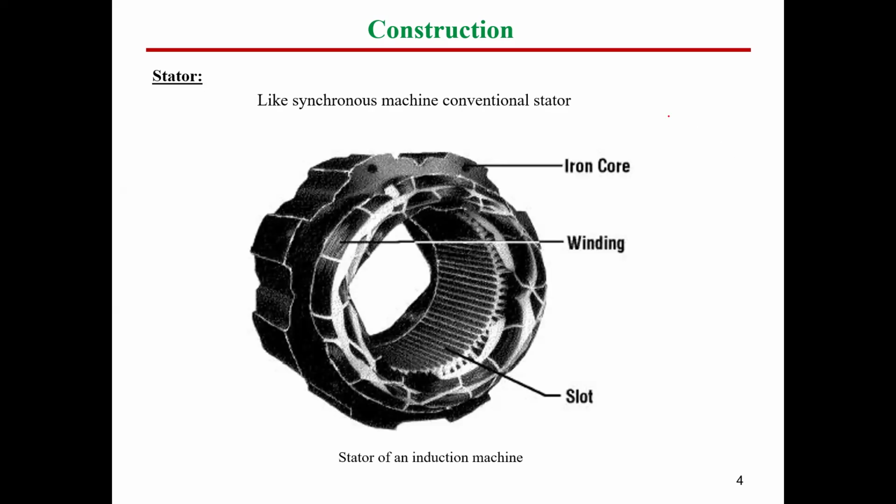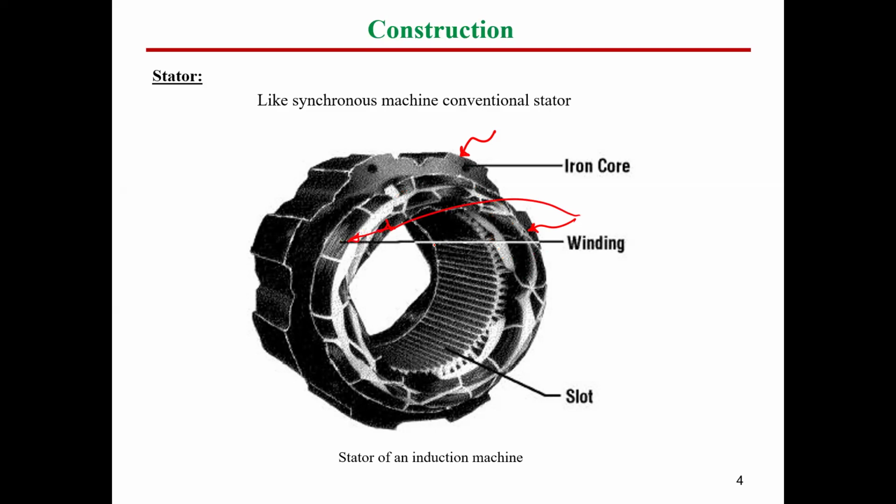As you can see here, this is the core of the induction machine, the stator core. Inside this core we have slots, and in these slots we insert our windings. Here are the ends of the windings.